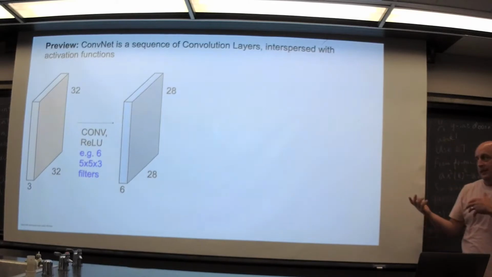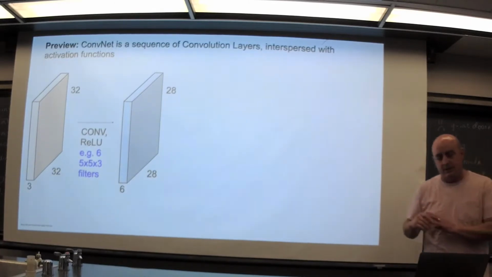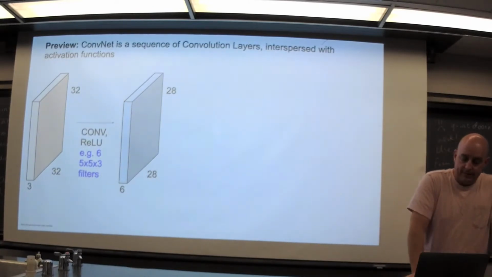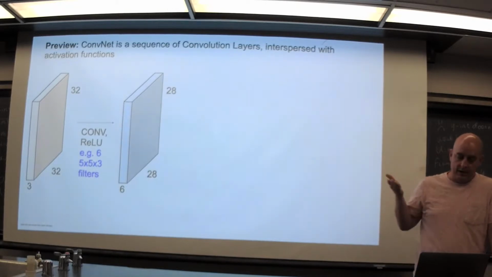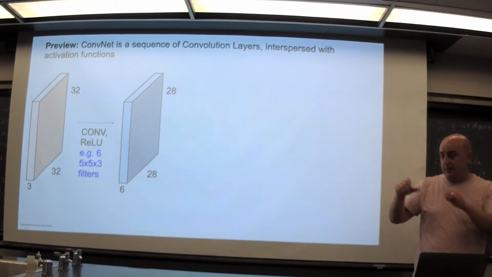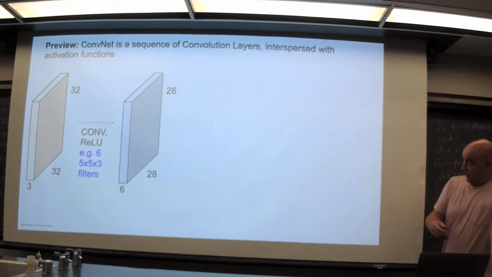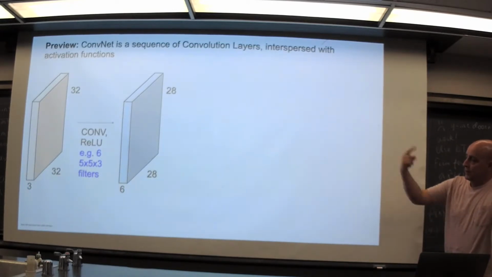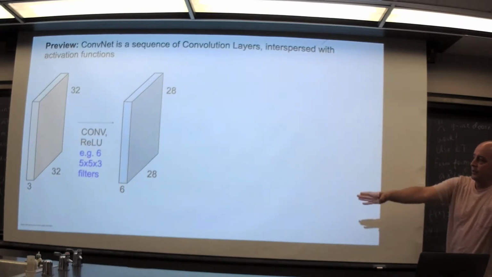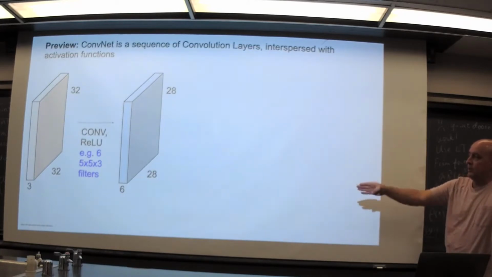And if we give that number, oftentimes it's because we're doing something different than just having these filters be as deep as the input. But if we choose 6 of these, then what we've done is this linear transformation from 32 by 32 by 3 to 28 by 28 by 6.